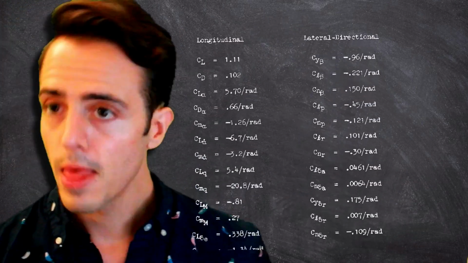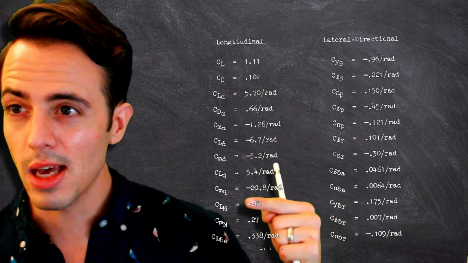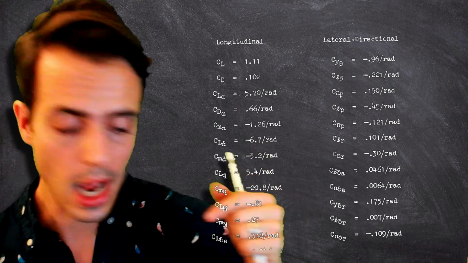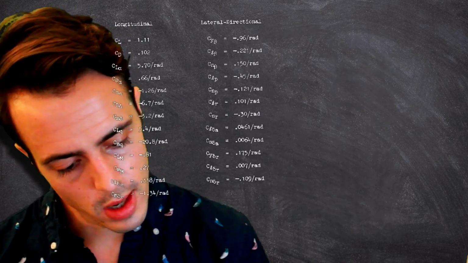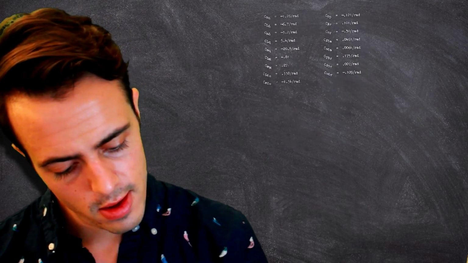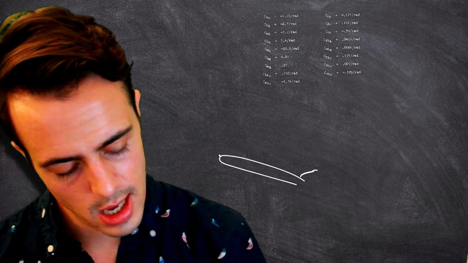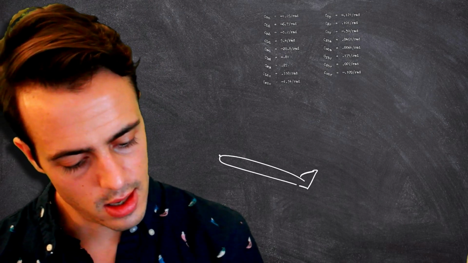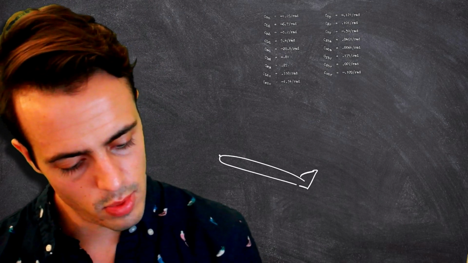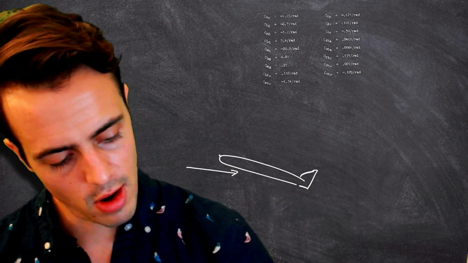Well, we've already hit a problem because we don't see anything involving CX down here. We've got them in terms of lift and drag. So let's do a quick think about how things work in our stability axes. If we have our aircraft here in stability axes, then we've got the velocity coming along to the aircraft.